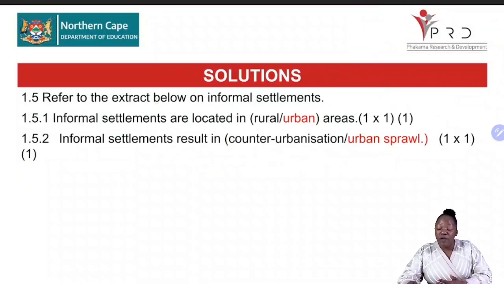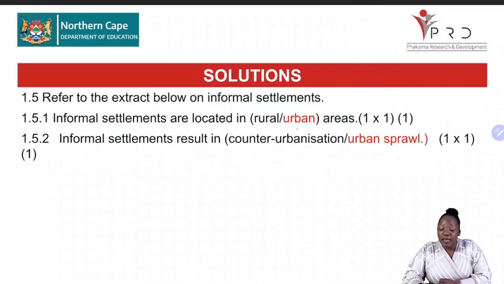Only to find that as more people come into the urban areas, there will be a shortage of housing, because some of them will not be able to find employment, so they can't afford to live in a proper or more decent area, so they then tend to live in the informal settlements. So the informal settlements, you will only find them in the urban areas.